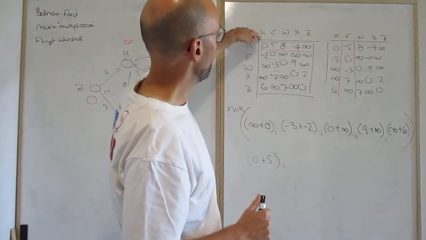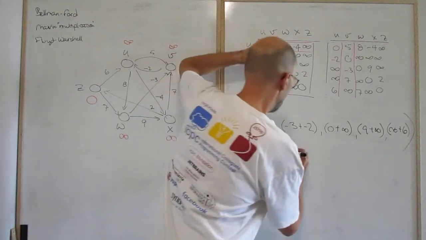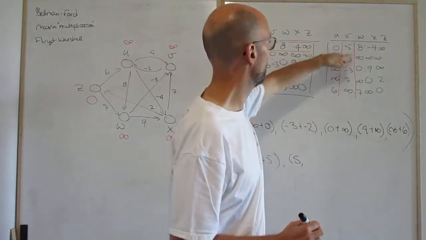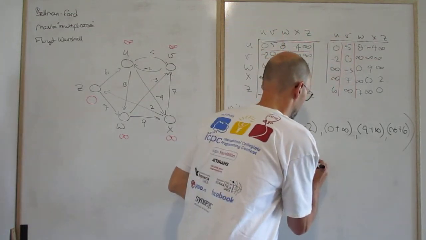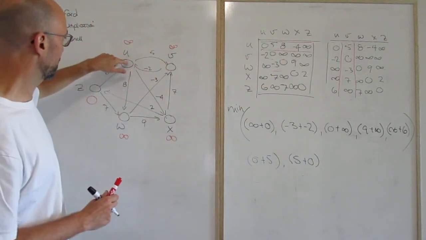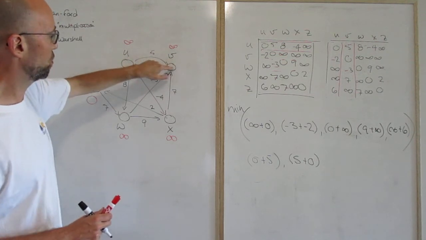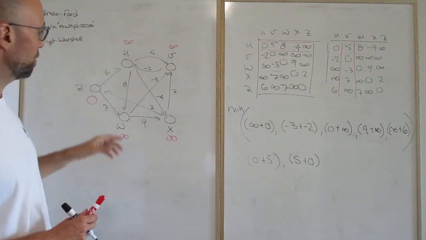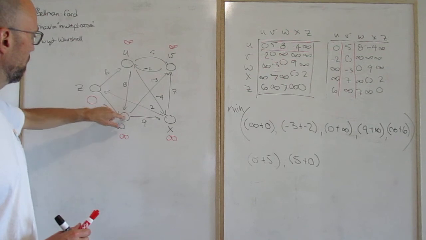U goes to U, then U goes to V. U goes to V is 5, and then V goes to V is 0. So what can we do in two steps? U can go to V and sit there, or you can go 1, 2, doesn't matter. So now we're considering going to W.